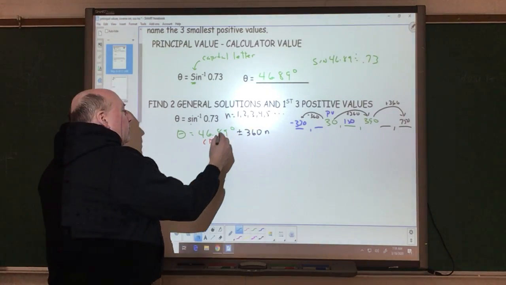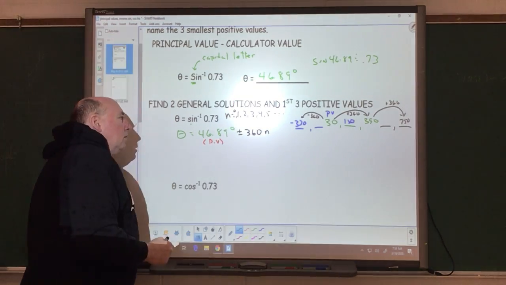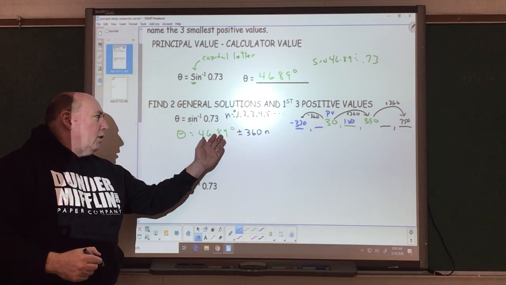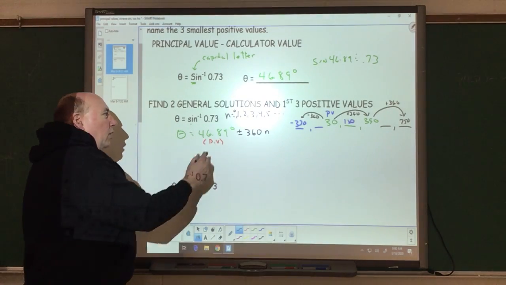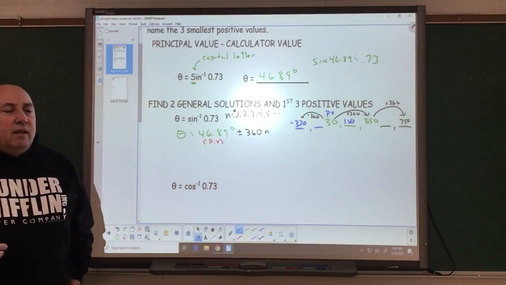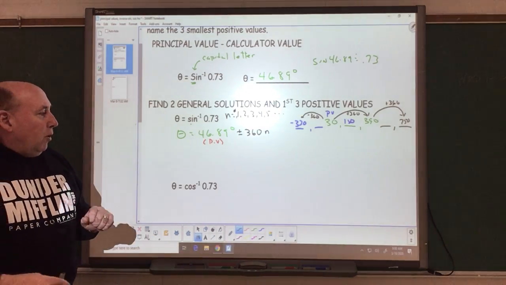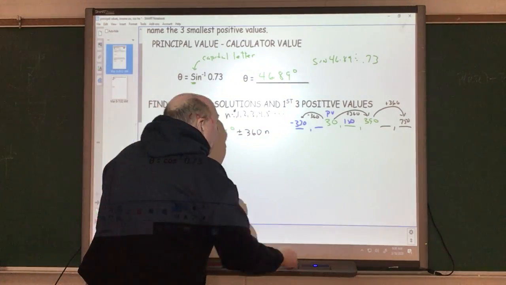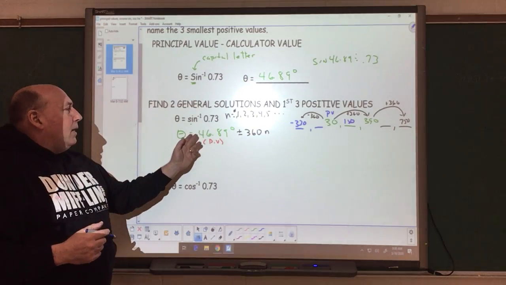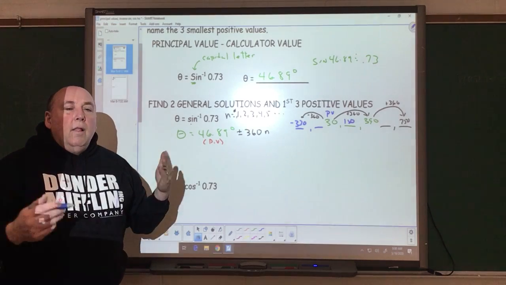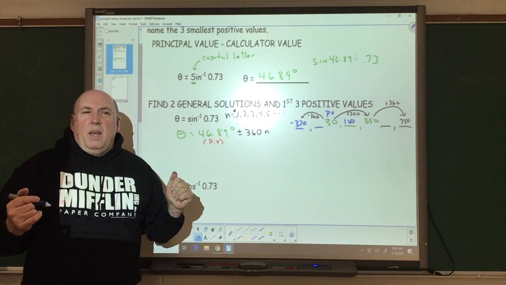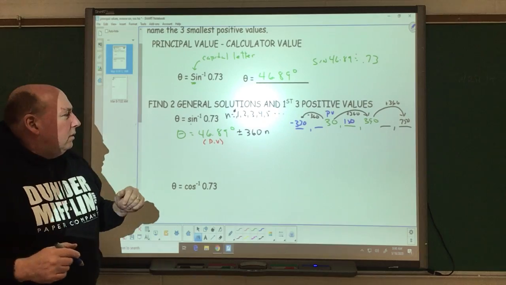I guess we could probably put the whole number 0 in here, but it'd be redundant. I'd just get my same value. So I really don't need the 0 in there. I just need the values 1, 2, 3, 4, 5, and 6. Now how this works is I can pick any value I want for n. Pick our favorite letter or number, 13.